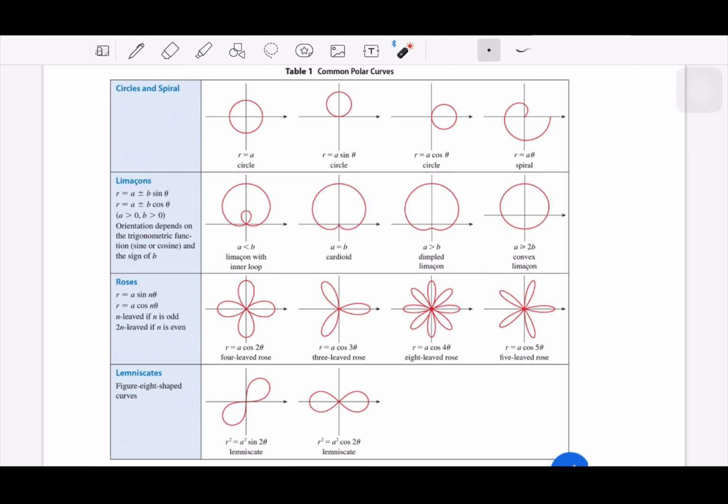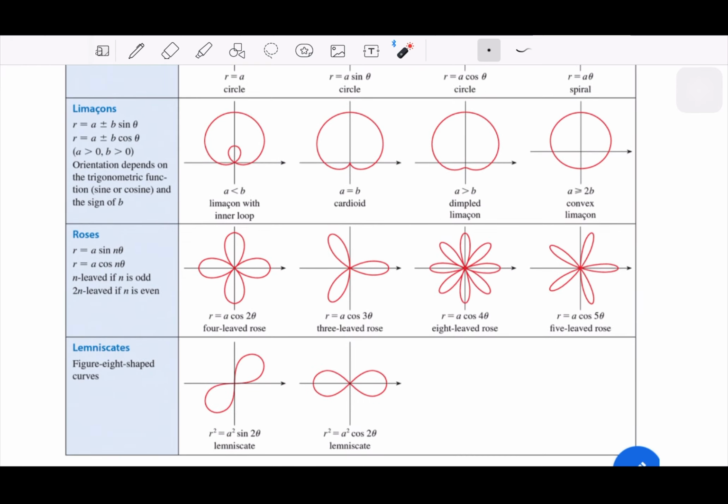The inner loop is moving and then goes up until this point, and it's going to be dimpled, and then moving out and making a circle. Eventually when b is 0, it becomes a circle.